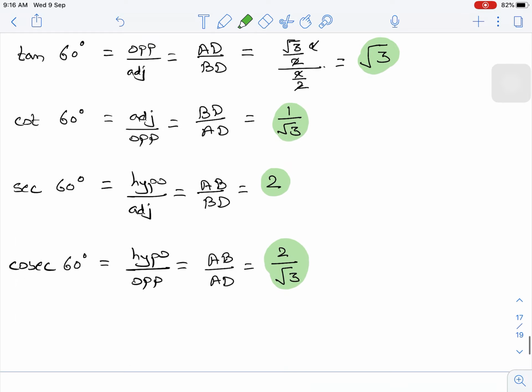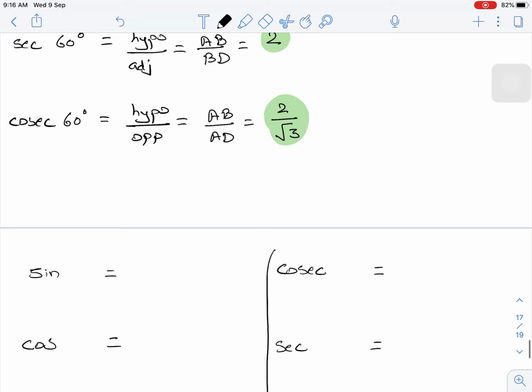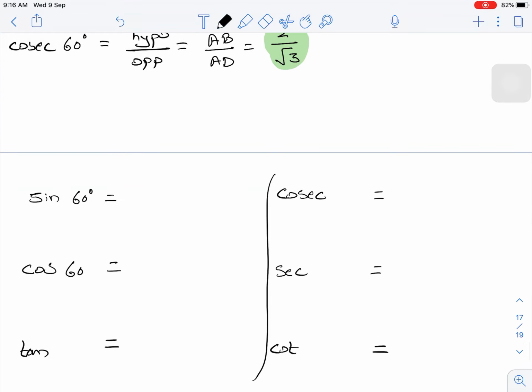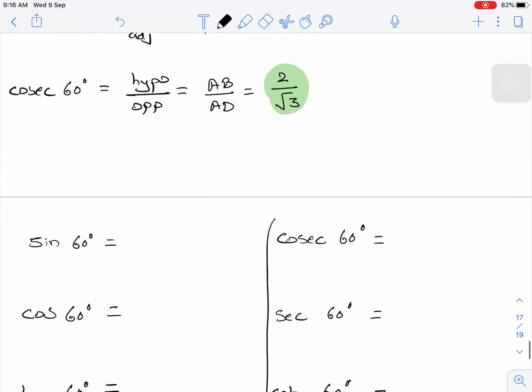So now finally we can write here, sine 60, cos 60, tan 60, cosec, sec, and cot 60.